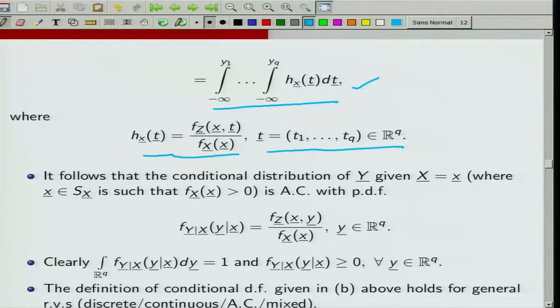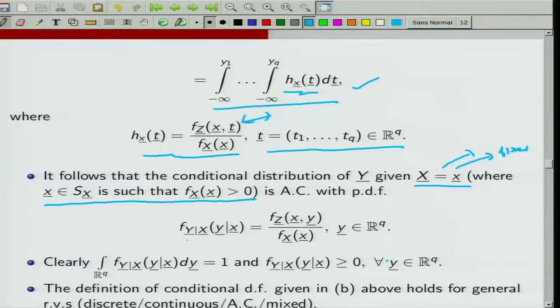What it says is that the conditional distribution function can be written as a definite integral of h x t, which is a non-negative function. So, it follows that the conditional distribution function of y given x equal to small x, where x belongs to S x is such that f x x is positive, and this small x is fixed, is absolutely continuous.